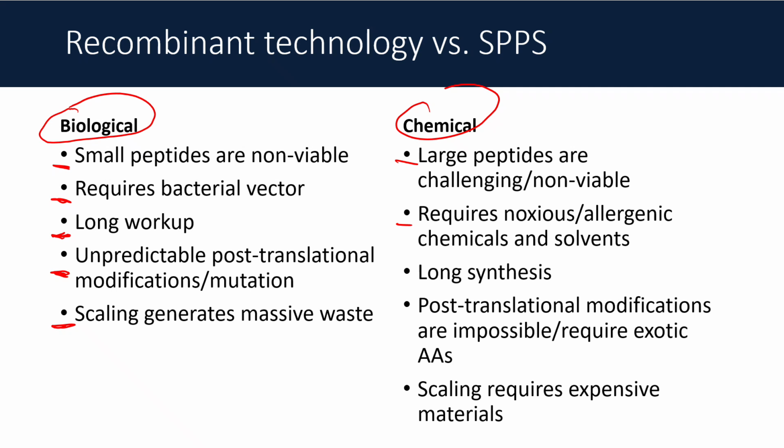But I've heard stories where people become so sensitive to these pretty nasty chemicals that if they walk into a room with a bottle of HOBt, the thing that activates the amino acid, they can start getting hives on their skin and get breathing problems. They're pretty nasty things that need to be processed. And that as well is expensive and not good for the environment, dealing with organic waste and all.